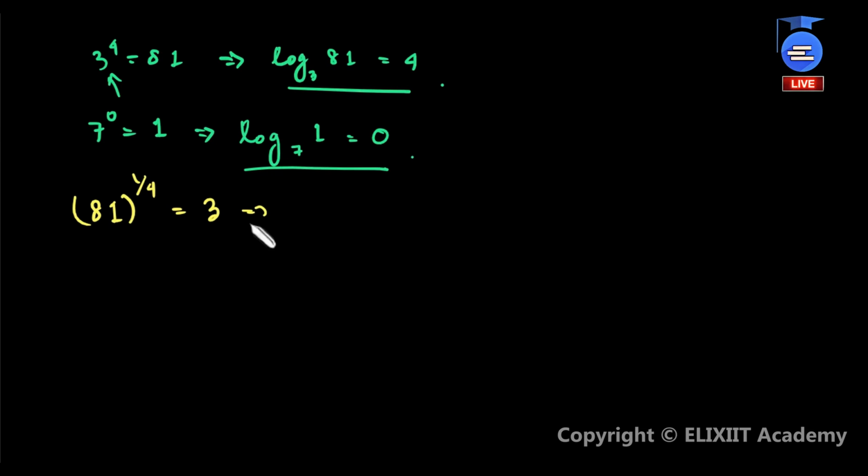This means log 3 base 81 is equal to 1 by 4. This is also one nice example. Clear? So this is what we have derived from the definition.